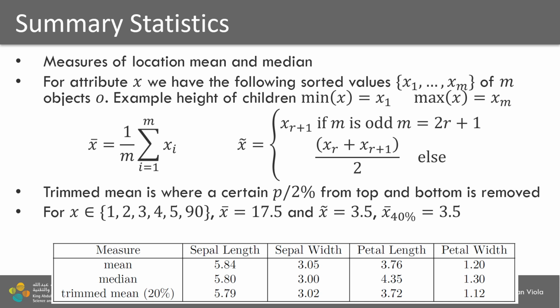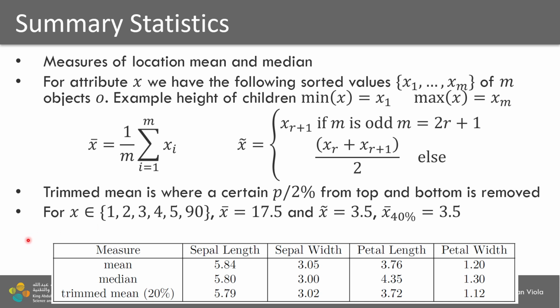As we have 1, 2, 3, 4, 5, 6 numbers, 20% from the bottom will trim the first number, and likewise from the high end of this sorted array of attributes. So we will end up only with 2, 3, 4, 5, and the average of this will be 3.5.